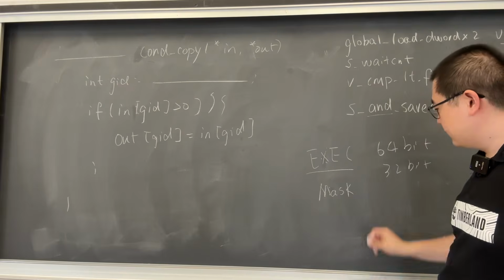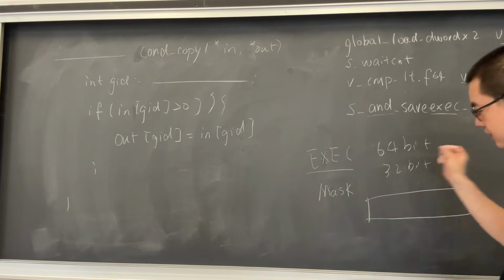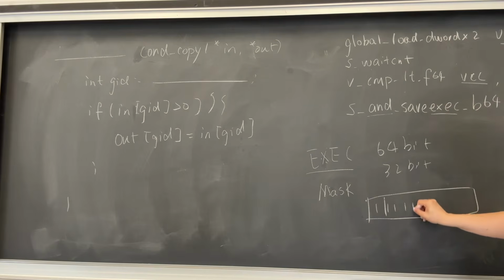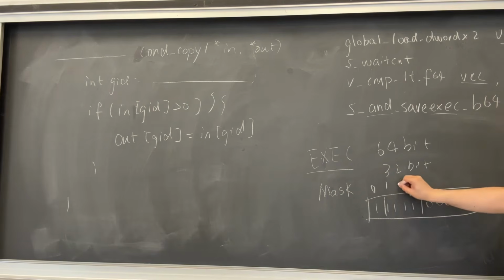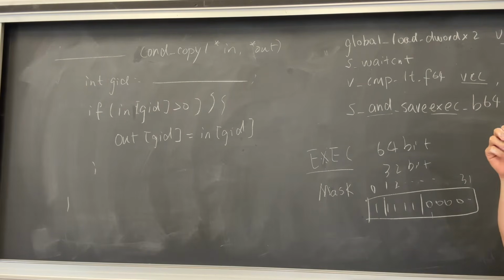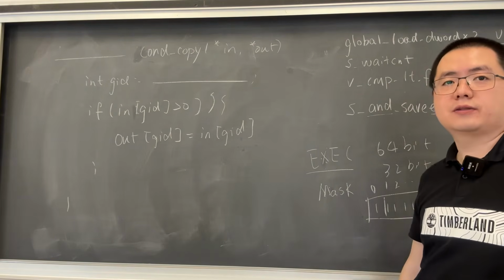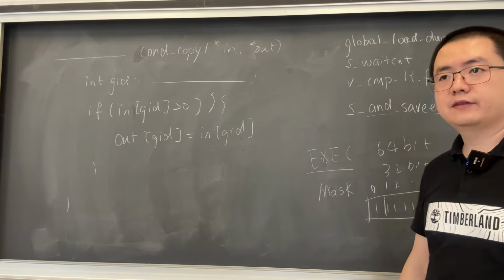Let's just make it 32 threads. You can have some ones and some zeros in this execution mask, mapped to thread 0, thread 1, thread 2, and so on, up to thread 31. If this bit is 1, we make that instruction take effect. If it's 0, we skip the memory part and the write back part so that it will not impact the execution result.